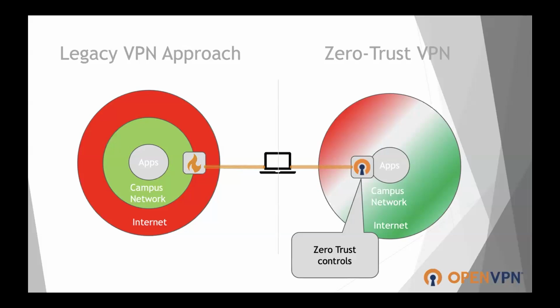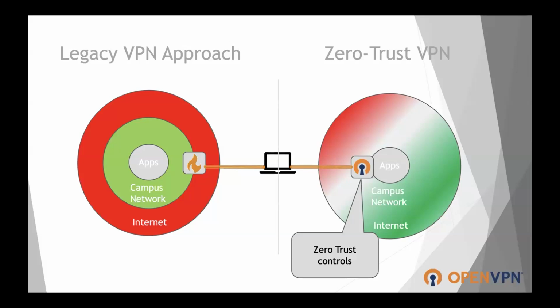So that's what we call the zero trust VPN, in which VPN technology, VPN protocols are still used for access, but overlaid on that are zero trust controls. You probably might have heard that, oh, VPNs are bad, and replace it with the zero trust approach.